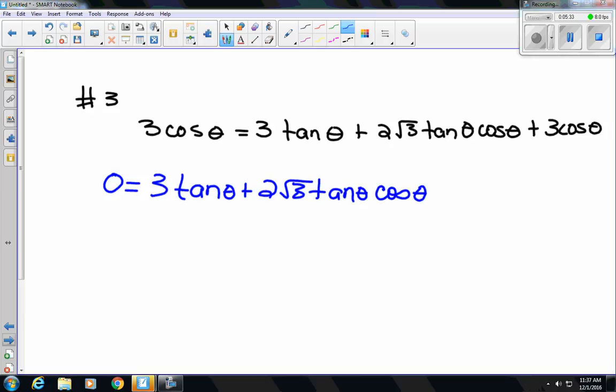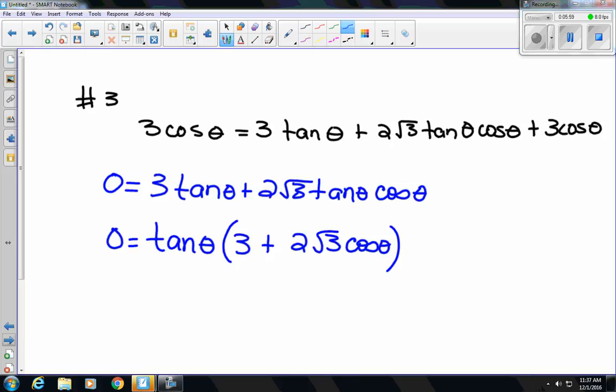How many terms do I have? 2 terms. What does each term have in common? A tangent. So that's what I take out. So 0 equals tangent of theta times what? 3 plus 2 root 3 cosine of theta.